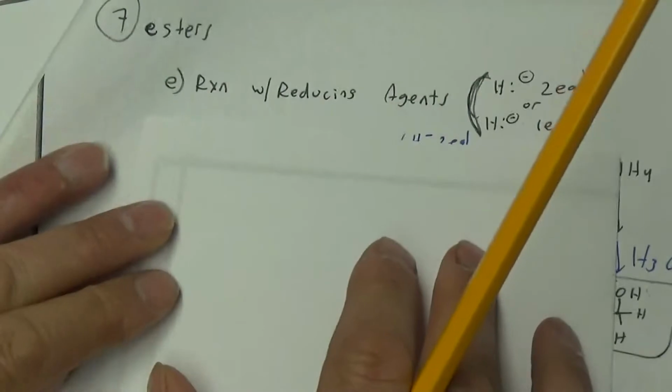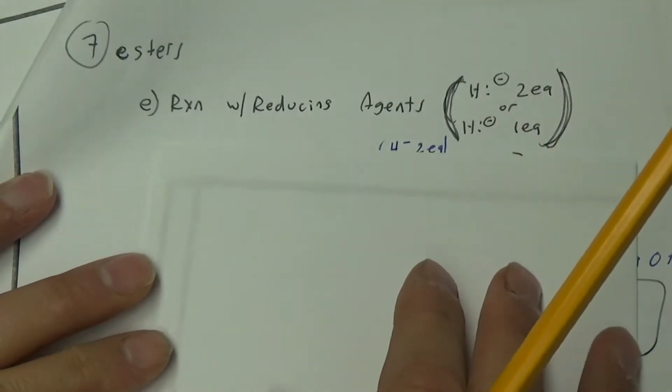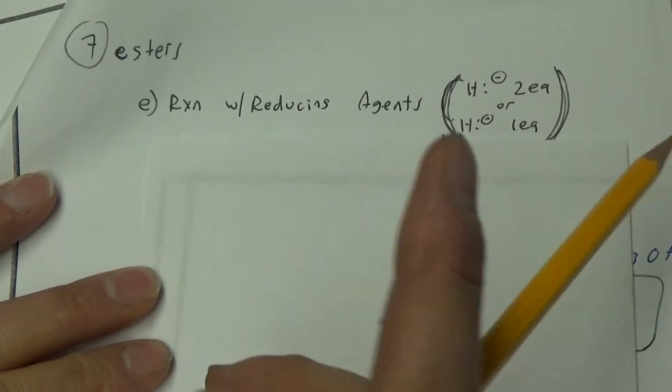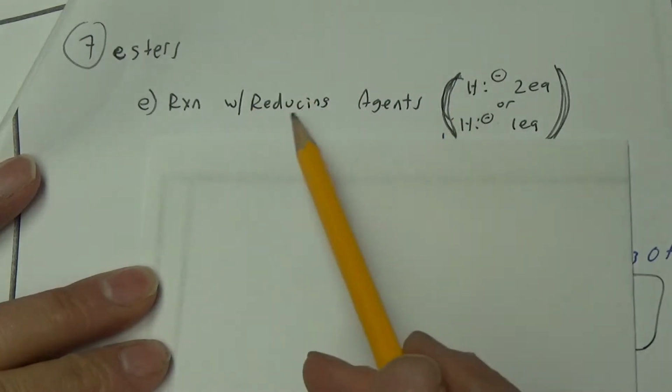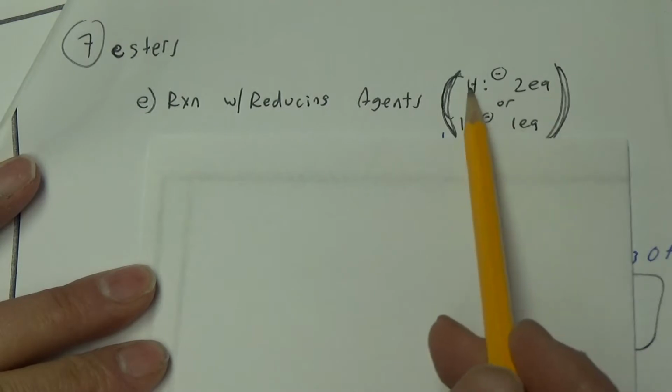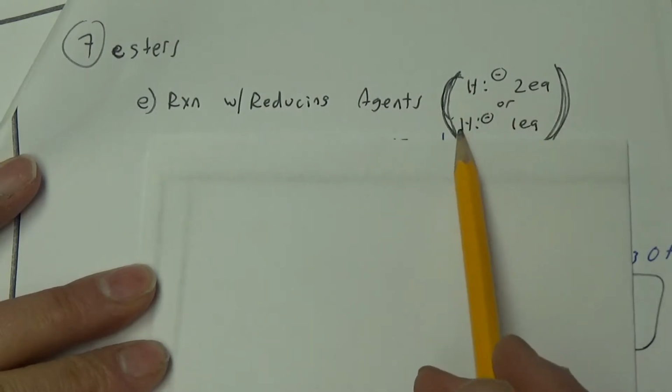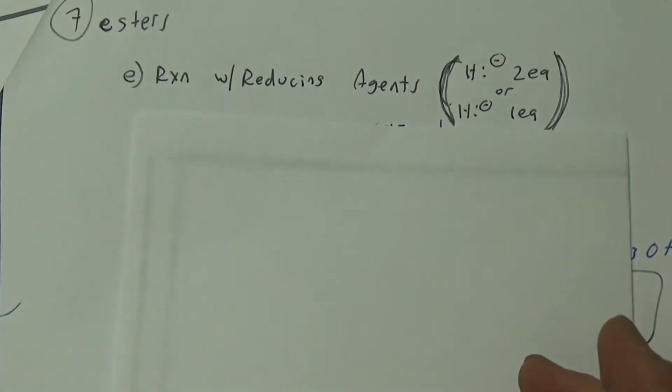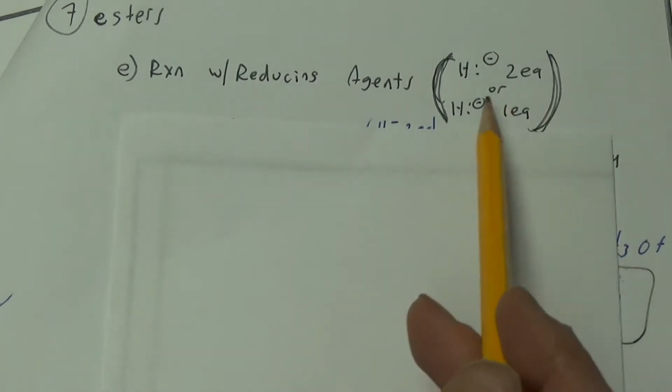But with reducing agents like hydride reducing agents, depending on which reducing agent you use, you can either get a double reduction to a primary alcohol or a single reduction to an aldehyde. So esters do have that option for reduction.